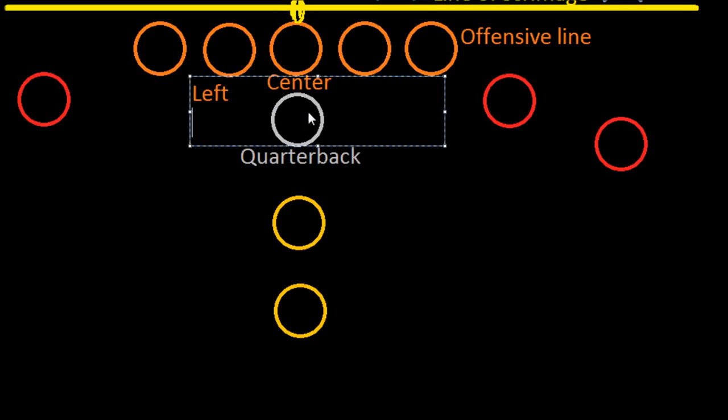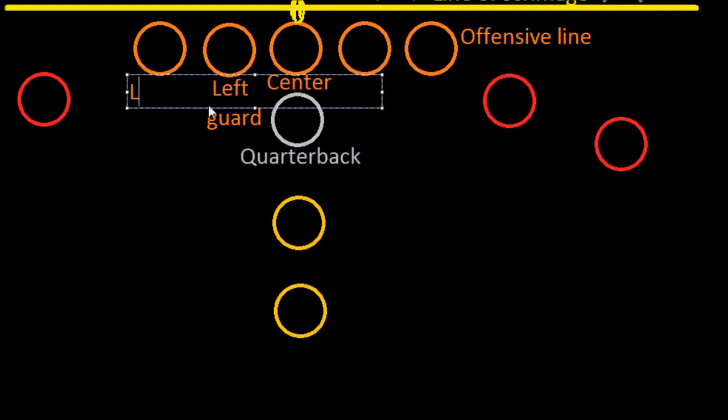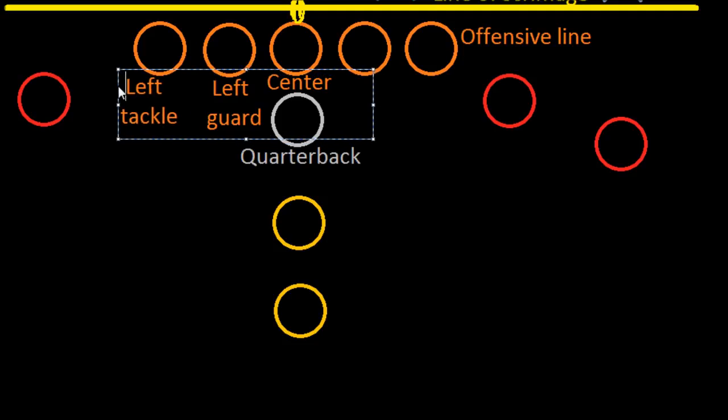So on the left side, we're going to have our left guard, who stands right beside the center to his left, and then we're going to have the left tackle. So this is different than the tackle we'll be talking about soon as far as tackling a player. That's just the name of his position.